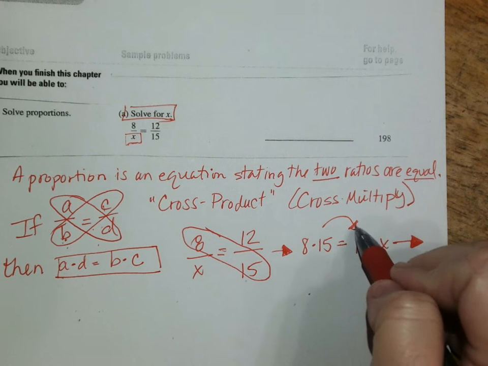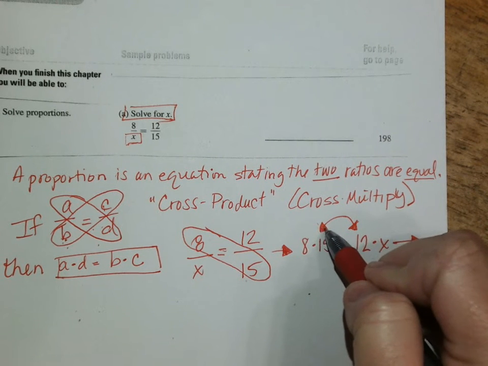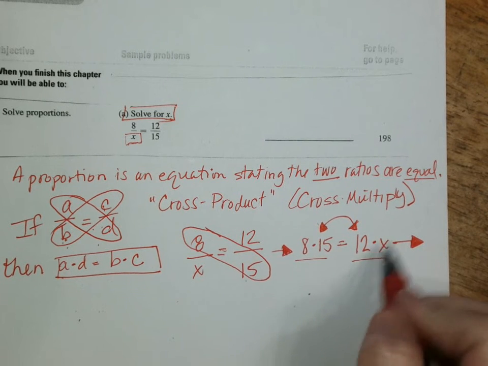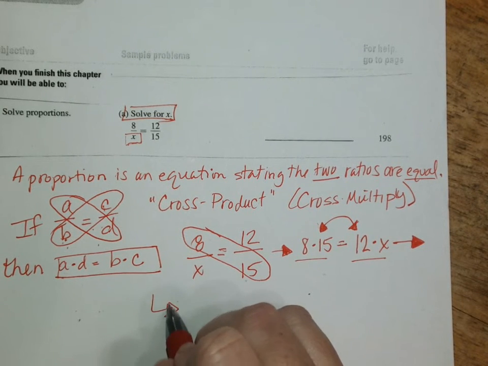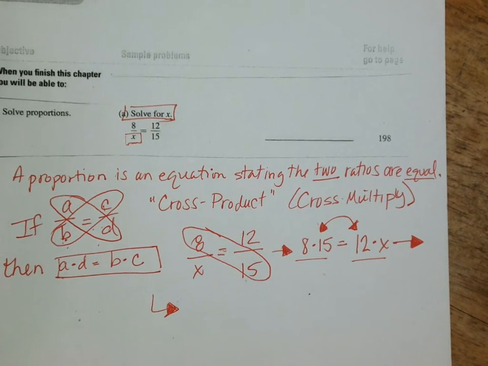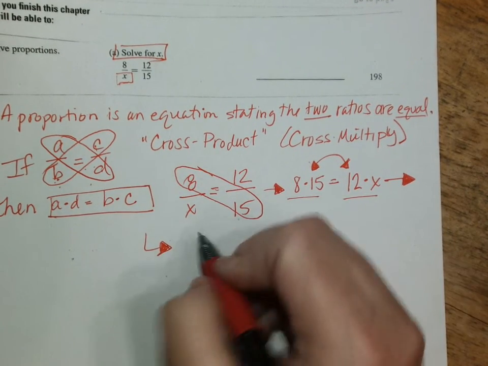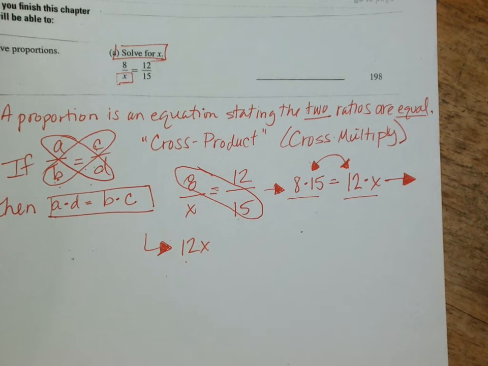We can just put this over here, and we can put that over there. So when we rewrite it, we're going to say 12x, you don't have to put the times in there because when you have that coefficient next to the variable x, it is implied that those two are being multiplied. So 12x is equal to 8 times 15.